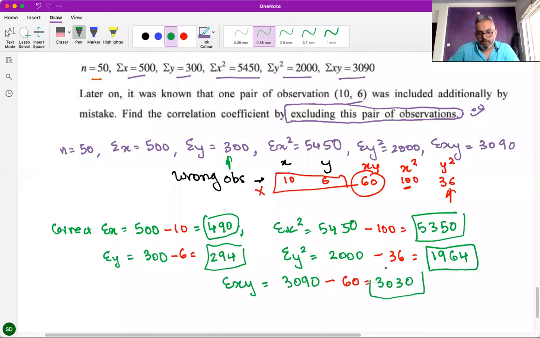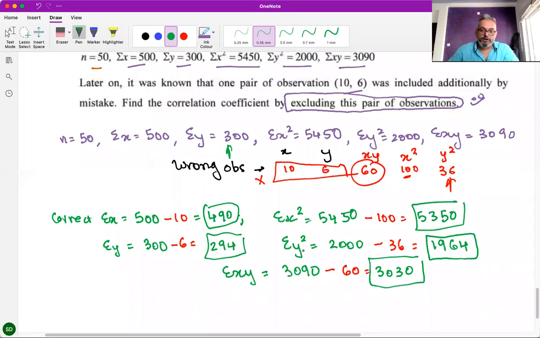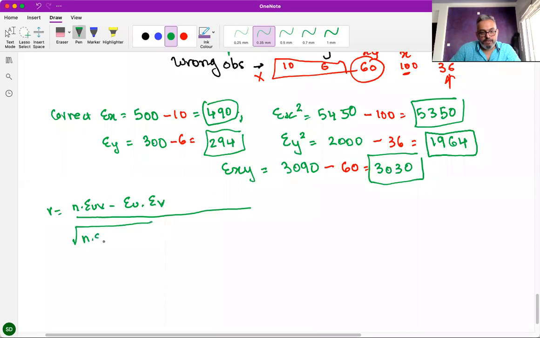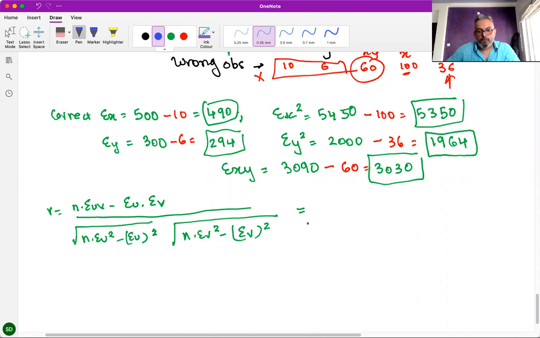So now, very important point comes once we write the formula and start with the sum. R is equal to n sigma uv minus sigma u into sigma v upon under root of n sigma u square minus sigma u the whole square under root n sigma v square minus sigma v the whole square. अब ध्यान दोगे सब. Now, what we will take as n?